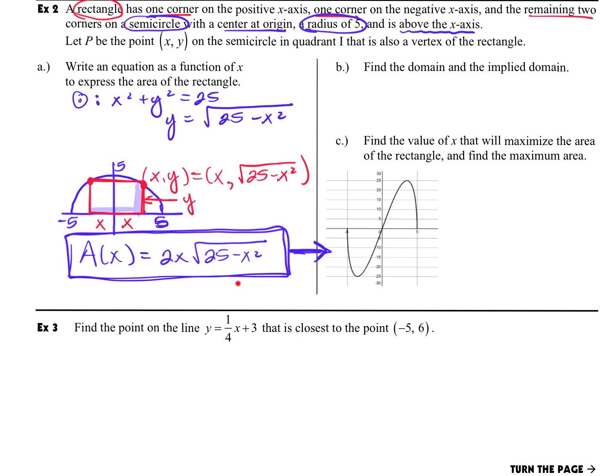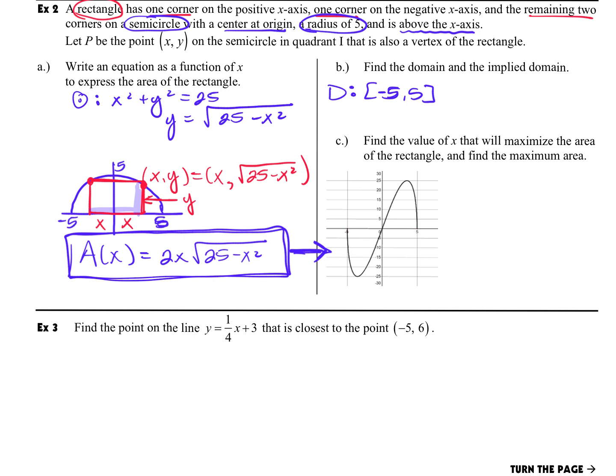So we could look at this function and say, I know that under this radical needs to stay positive, and we've done lots of these, so I could get my domain to be -5 to 5. If you're looking ahead, this domain makes sense, because this is the graph of this function, and we can see it is going from -5 to 5.